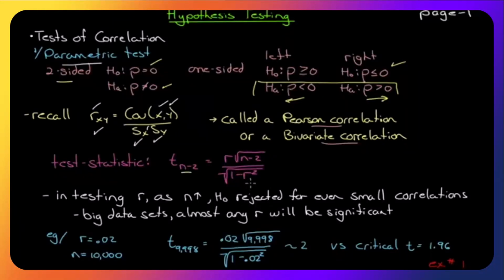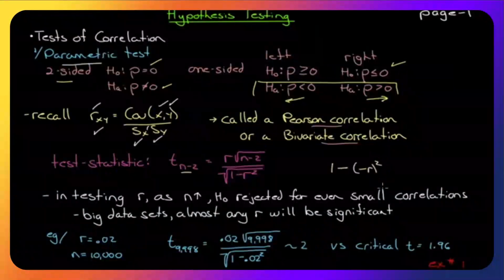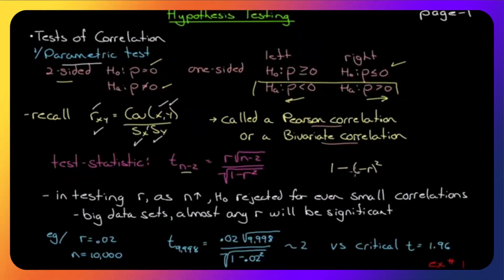Be careful with this denominator that you don't make a common mathematical mistake. If our R is negative, our denominator is 1 minus (negative R) squared, not 1 minus negative R, all squared. Order of operations: square the R first, then subtract it from 1, so that everything under the radical sign will be 1 or less.